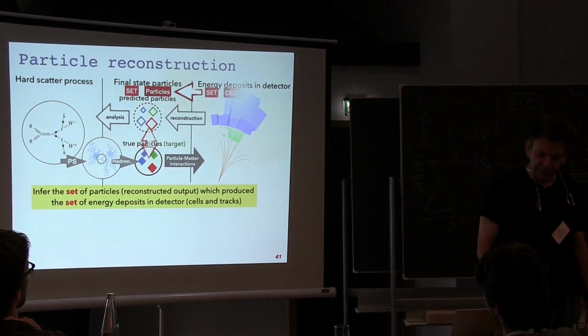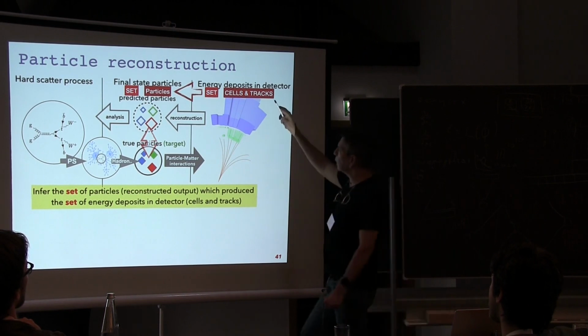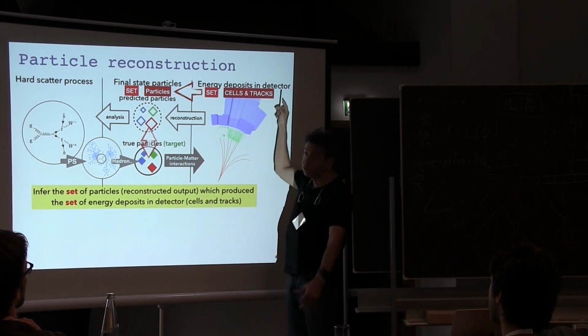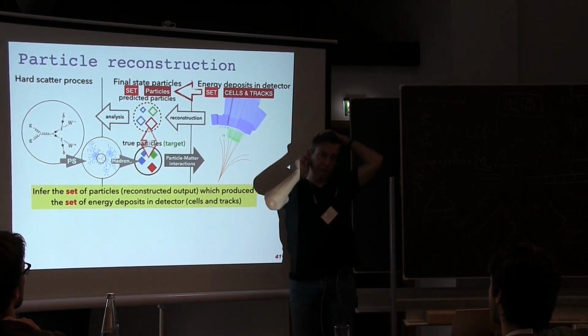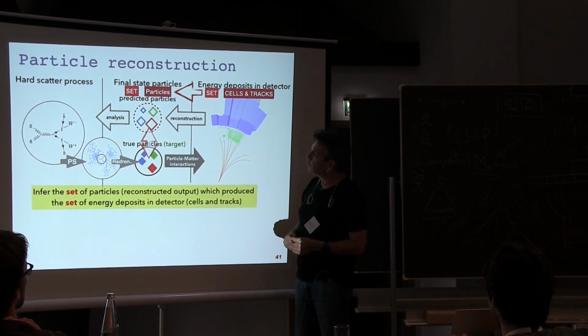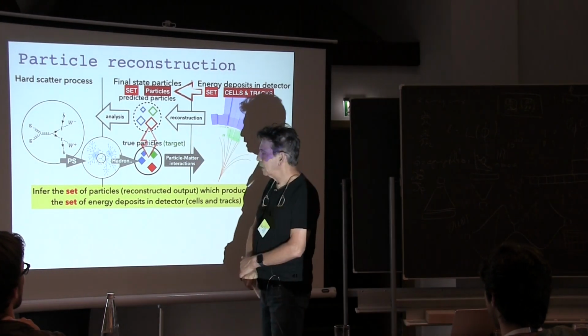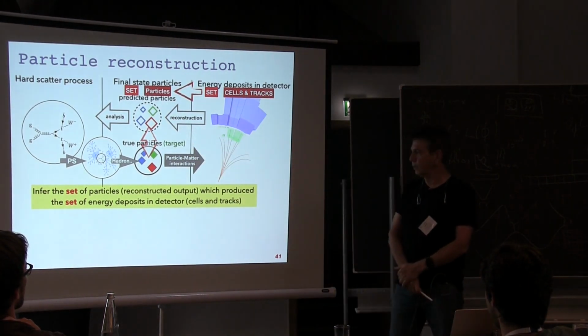So what we have is a real problem of set to set. We have the set of cells and tracks, or topoclusters and tracks, it doesn't matter, depending on which detector you work with, from which you want to infer the set of truth particles that hit the detector.